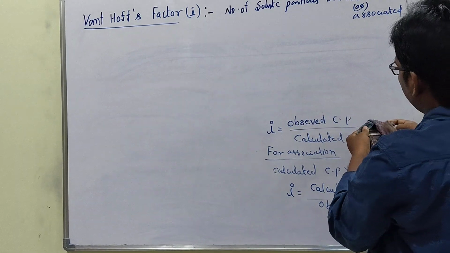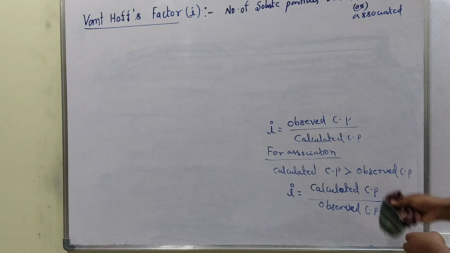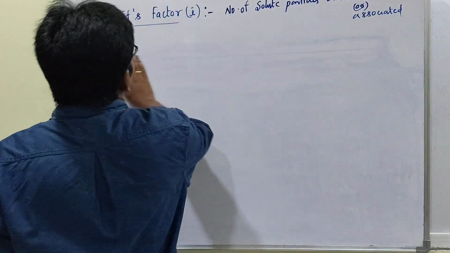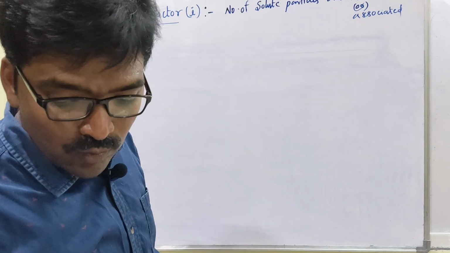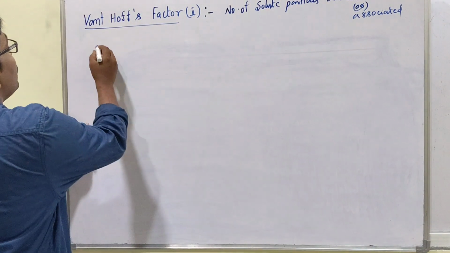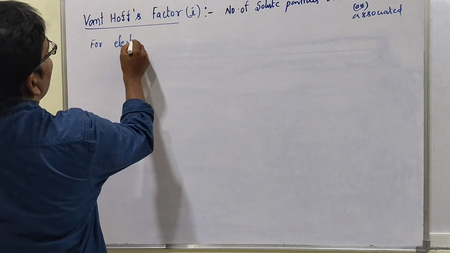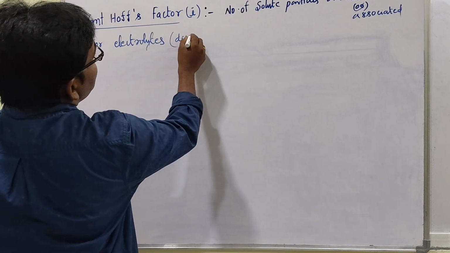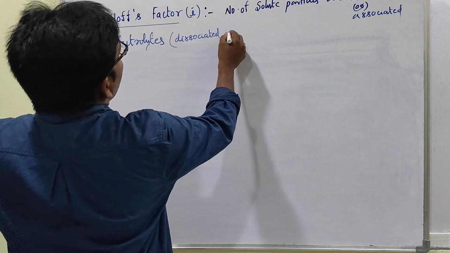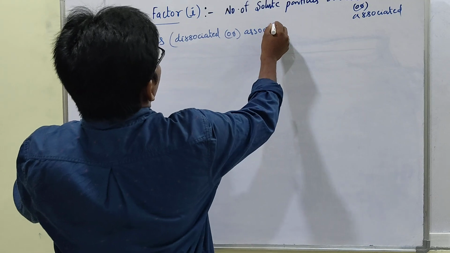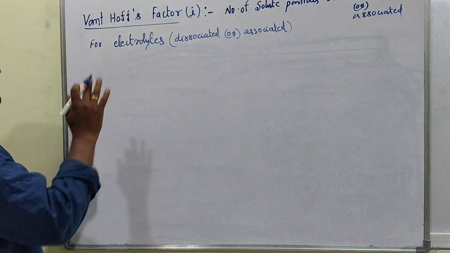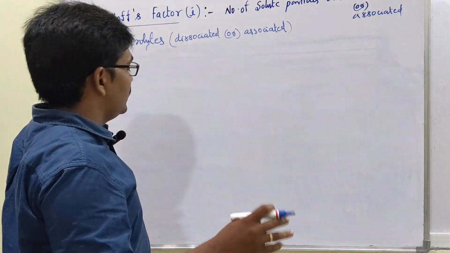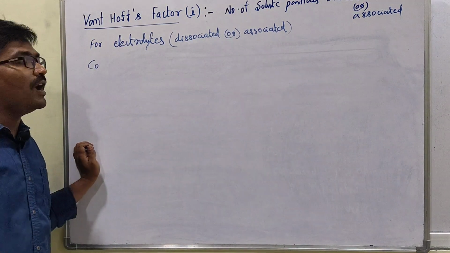The colligative properties used earlier, as I told you, are applicable only for non-electrolytes and non-volatile solutes. For electrolytes, meaning those which are dissociated or associated, colligative properties are modified or changed by using the van't Hoff factor, by using the I value.